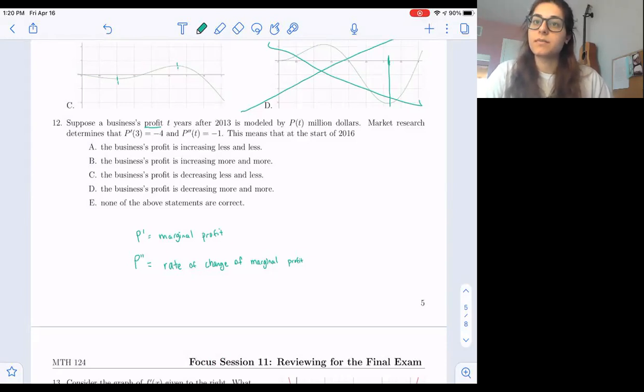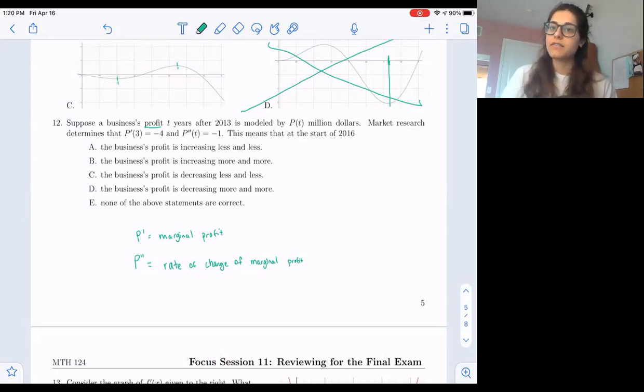So the profit is modeled by P of T. The market research determines that at 3, so 3 years, our rate of change is -4. And I kind of think of it like acceleration, but our second derivative is -1. So based on the way the answer choices are worded, I would think of it just in terms of negative and positive. I wouldn't really worry about the numbers.